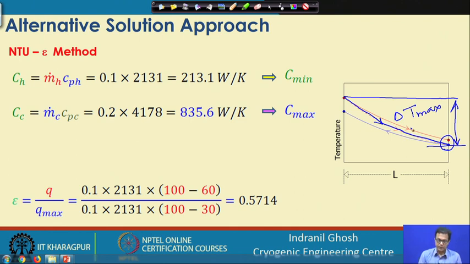So, if we now want to find out the effectiveness of this exchanger, we write epsilon equals Q by Q max.